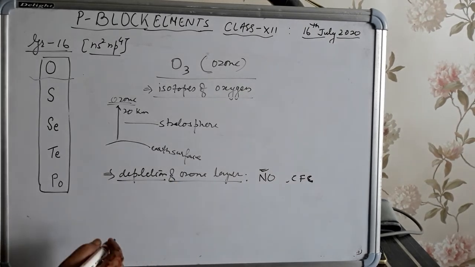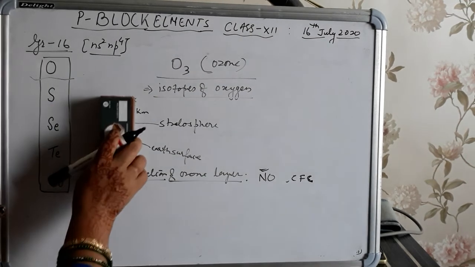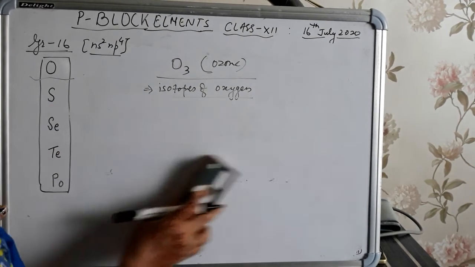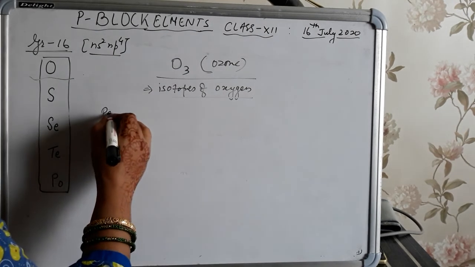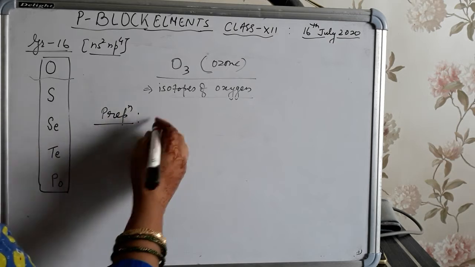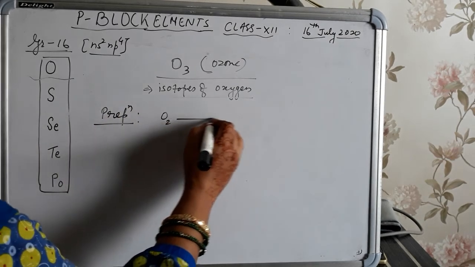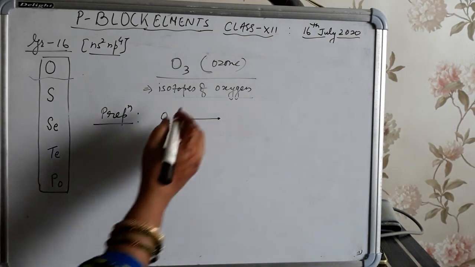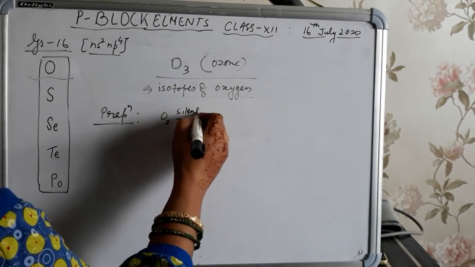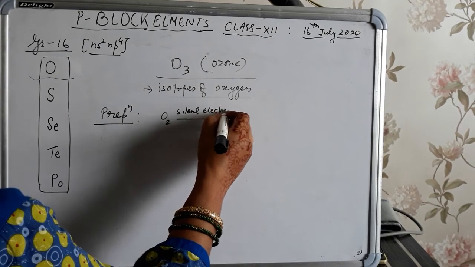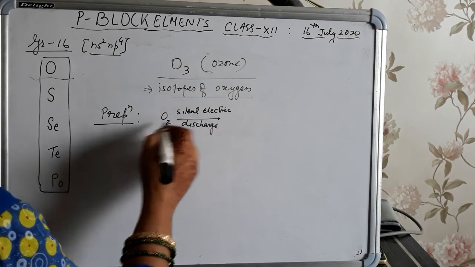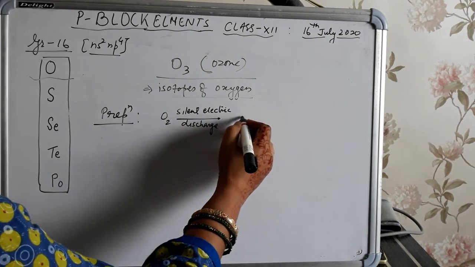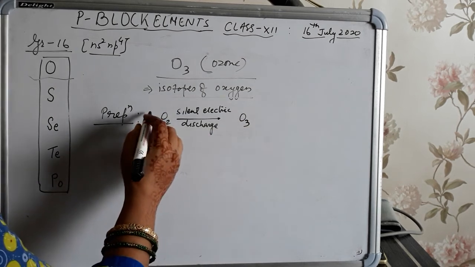Next, we discuss the preparation of ozone. How can we prepare ozone? So let's see the preparation. Ozone is prepared when a silent electric discharge is given to oxygen, so that the formation of ozone takes place.